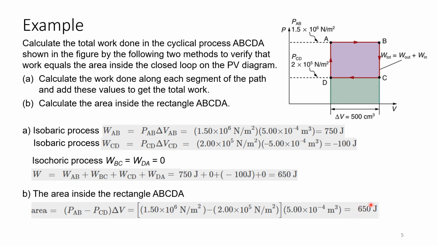This is exactly the same number as we get from the total work in part A, and that proves that the total work is exactly the area inside the closed loop on the PV diagram.